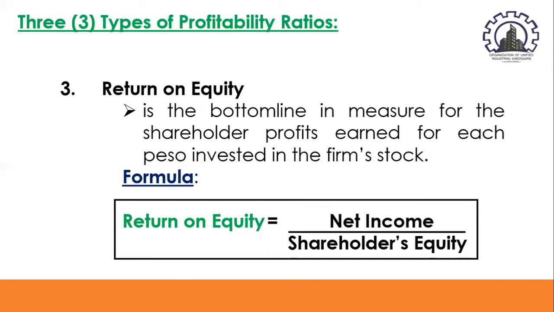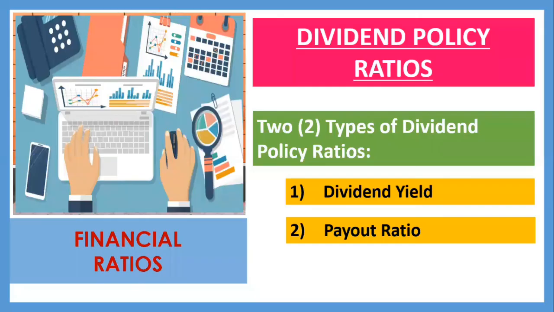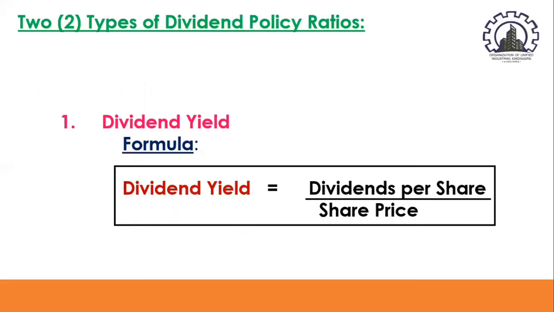And finally, the last type of financial ratio that we have would be dividend policy ratios. Dividend policy ratios is composed of two types. First, we have dividend yield, and second, we have payout ratio. For the dividend yield formula, we have dividends per share all over share price.